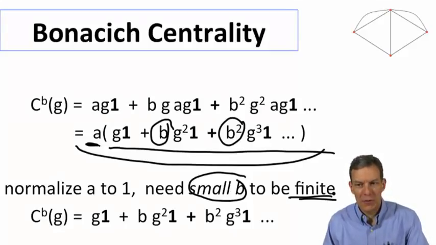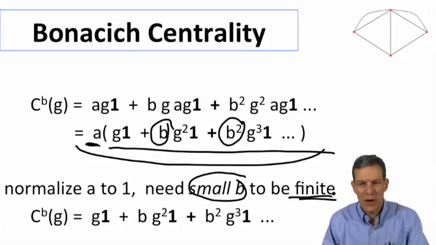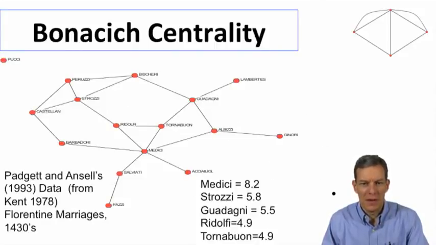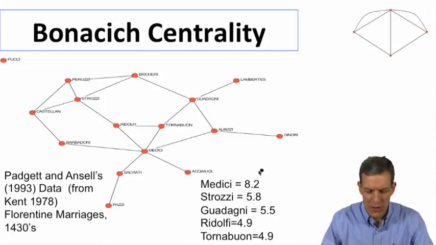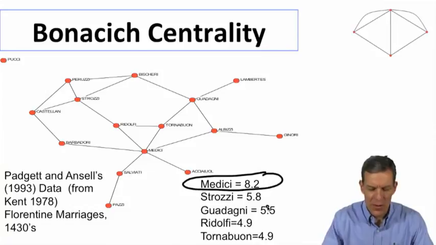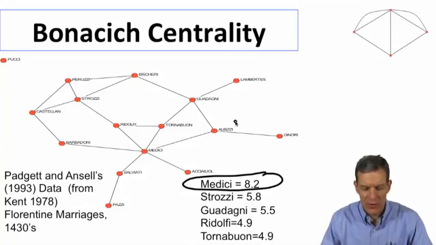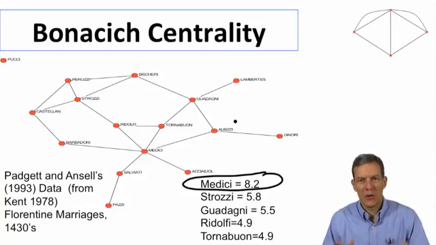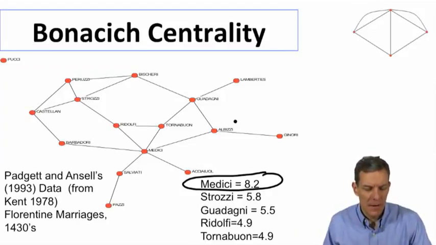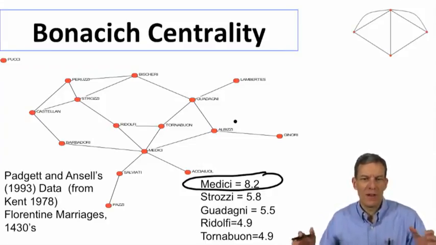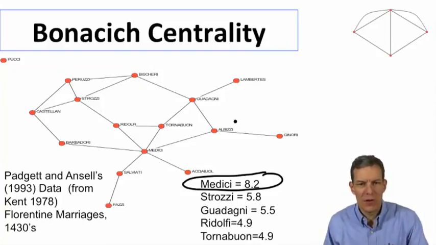So when we look at Bonacich centrality, then we can go through and calculate this for different values, and for instance, the Medici again appear more important than some of the other families. So this kind of calculation gives you something like eigenvector centrality, and in fact, for b being close enough to 1 over the largest eigenvalue of the matrix, then it's going to begin to approach eigenvector centrality.